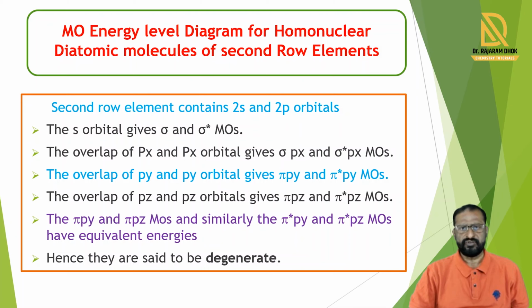In the second row elements, 2s and 2p orbitals are present. Every atom contains one 2s and three 2p orbitals. So there are a total of 4 orbitals of one atom and 4 orbitals of the second atom, so in this way 4 and 4, a total of 8 orbitals take part.